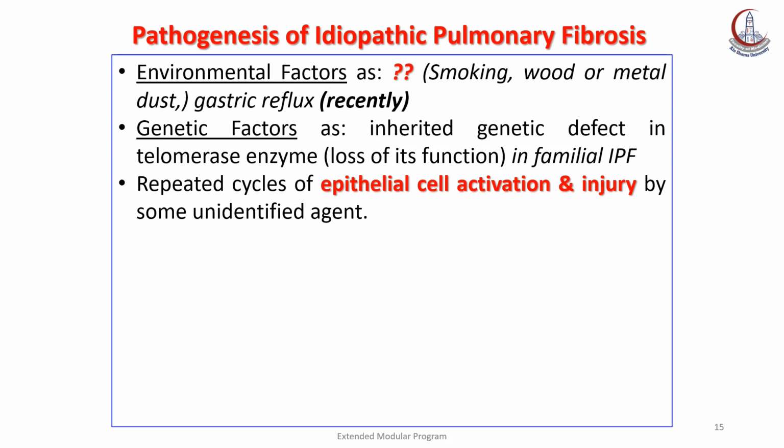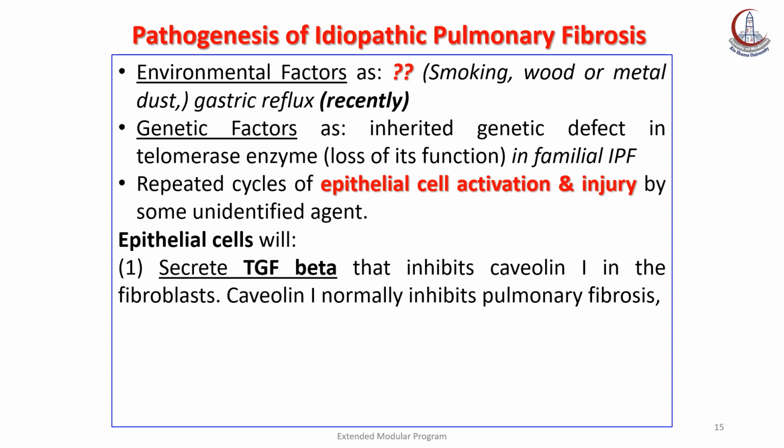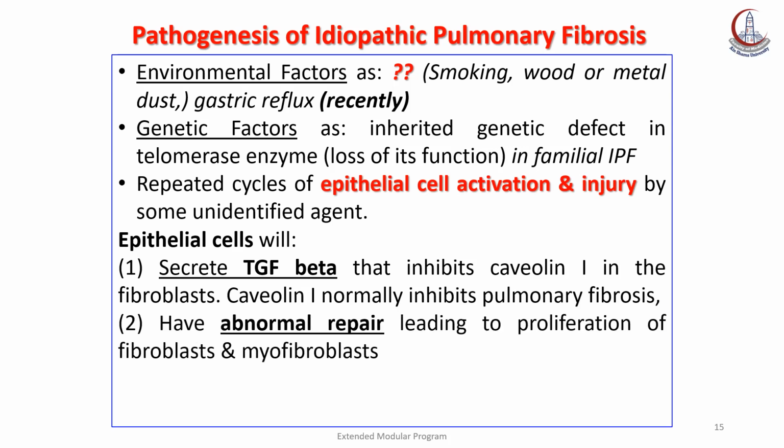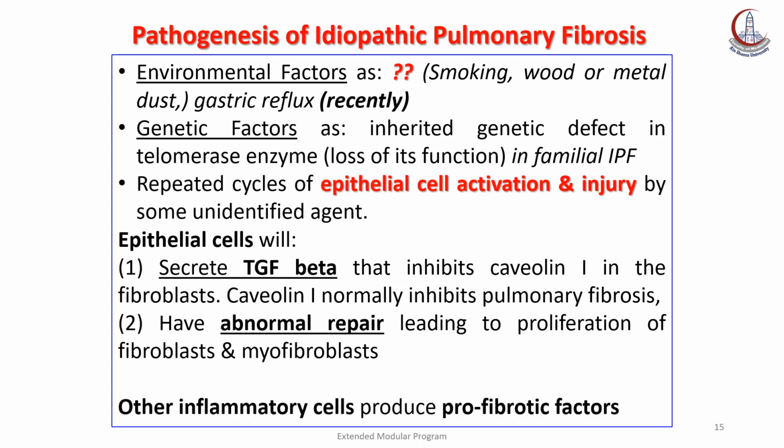Repeated cycles of epithelial cell activation and injury lead to the production of transforming growth factor beta, which inhibits clavulin in the fibroblast, and clavulin normally inhibits fibrosis. So there is no inhibition of pulmonary fibrosis, and a profibrogenic effect. Also, abnormal repair of the epithelial cells and their transformation into fibroblasts and myofibroblasts adds more fibrosis to the lung.